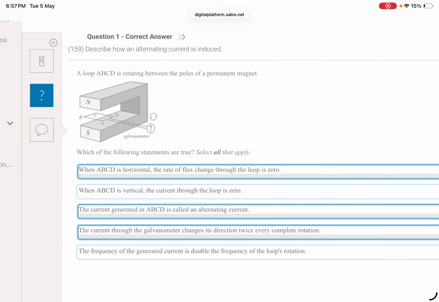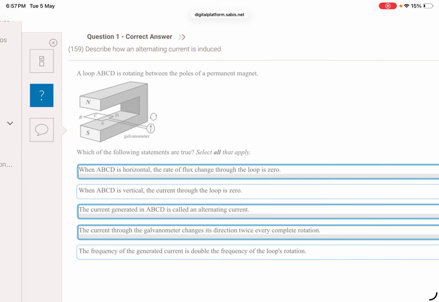And the last one, the frequency of the generated current is double the frequency of the loop's rotation. It's false. Why? This is a common trick that they always do for us. They said, although the current reverses direction twice per rotation, doesn't mean it's double. The frequency of the AC is defined as the number of complete alternating current cycles per second.